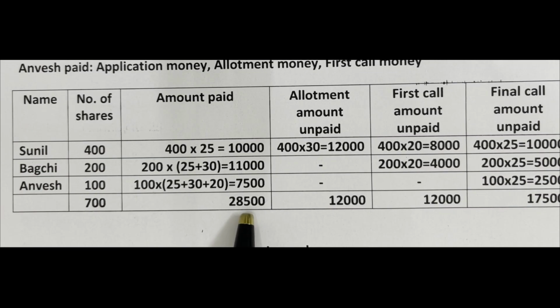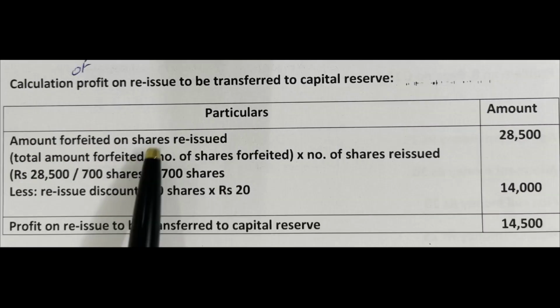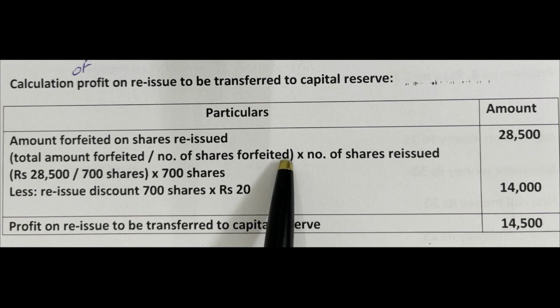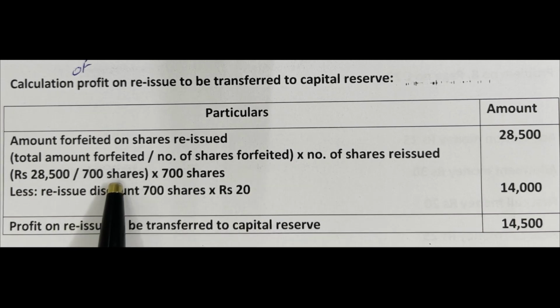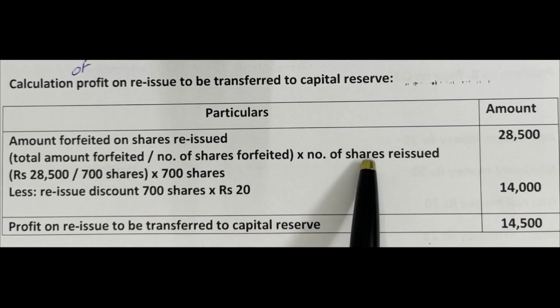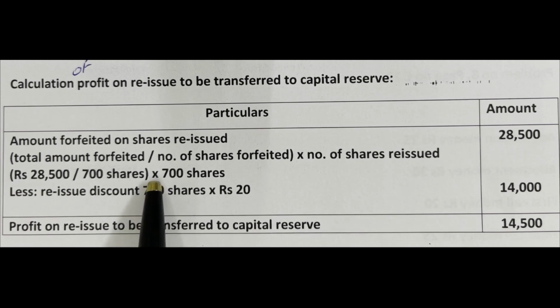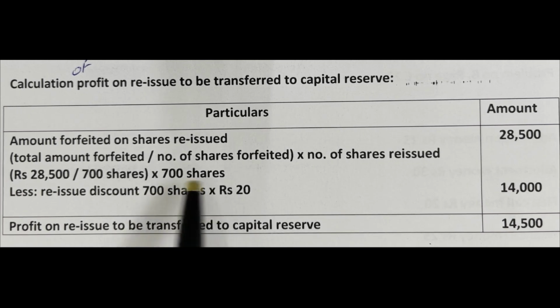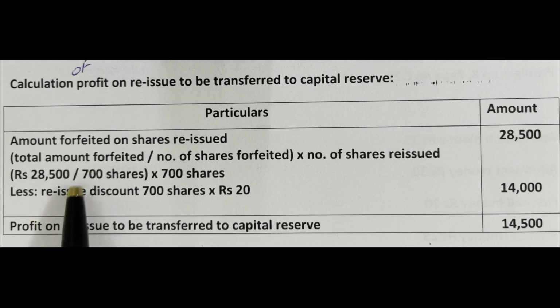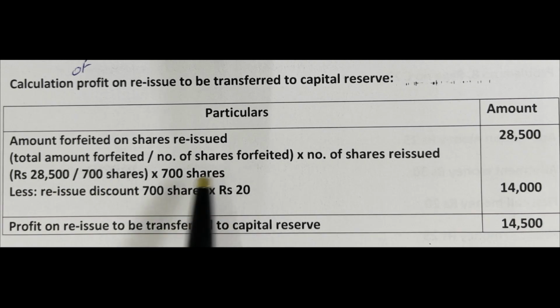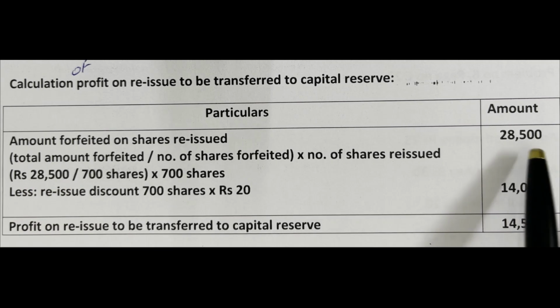This amount we have calculated in this table, divided by number of shares forfeited, 700 shares, into number of shares reissued. Company reissued all forfeited shares. Therefore, 28,500 divided by 700 into 700. 700 cancel. Finally, 28,500 in outer column.